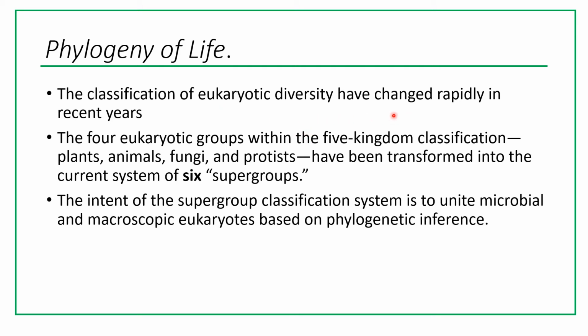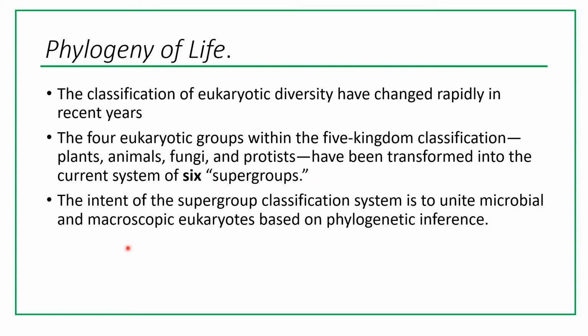All life was classified as plants, animals, fungi, or protists, and then it was also, way back, Monera, but then they divided it into bacteria and archaea. But anyway, we used to have these kingdoms and we don't have them anymore. We substitute them with supergroups.